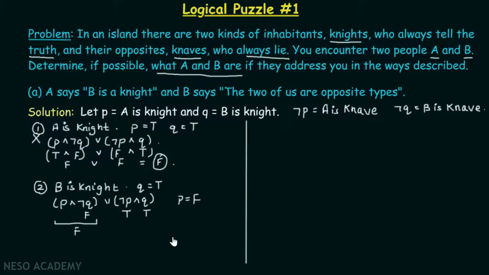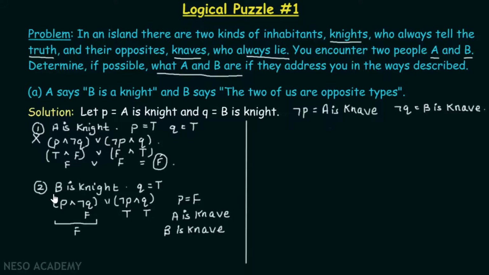Isn't that so? Right. As P is false, this simply means that A is a knave, right? As A is a knave, therefore whatever it says is false. It says that B is a knight. Now this is false. Therefore, according to A, B is a knave, right?